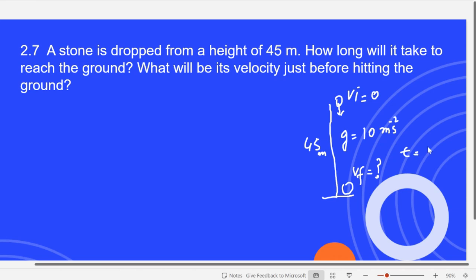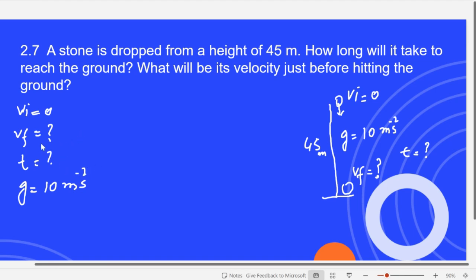I write once again all the data here. Vi is equal to 0, and Vf we have to calculate. I put a question mark here, and time we will have to calculate, and the value of g is positive 10 meter per second square, since the stone is moving downward.